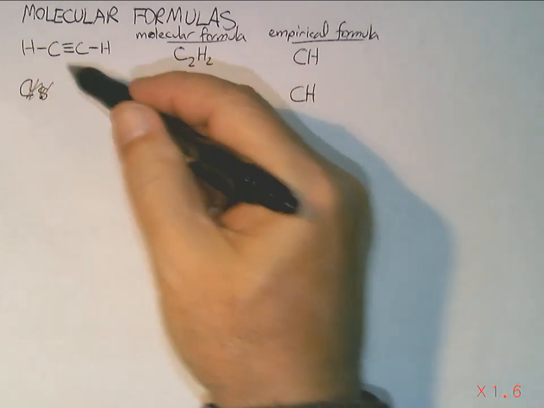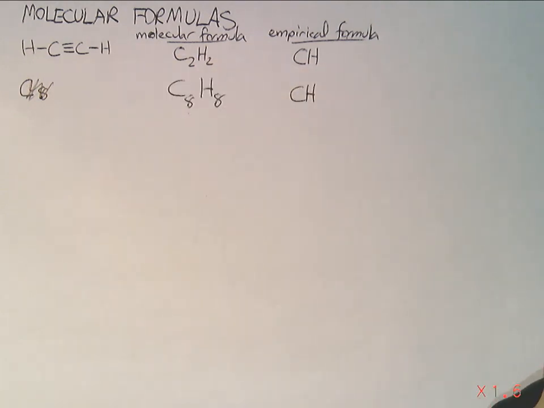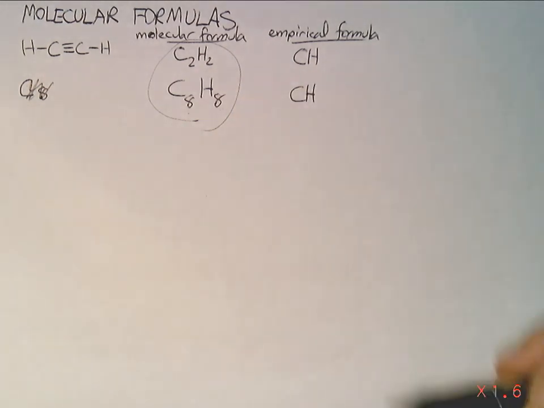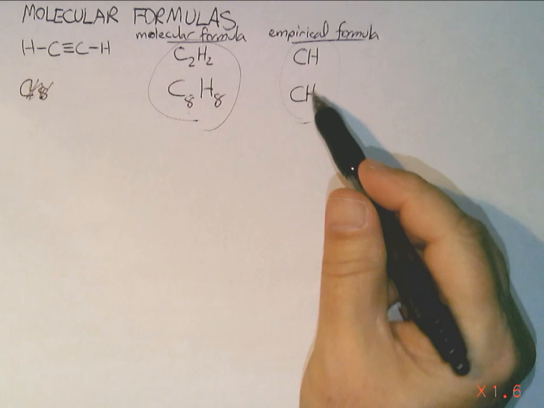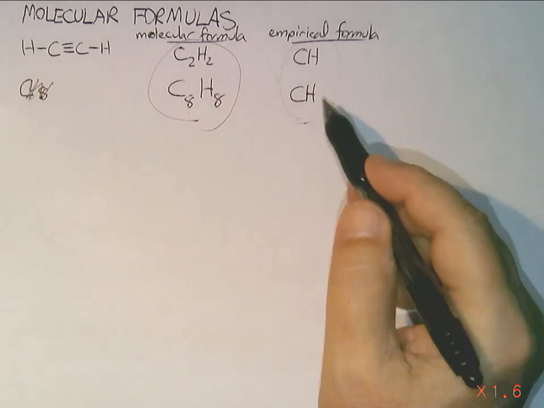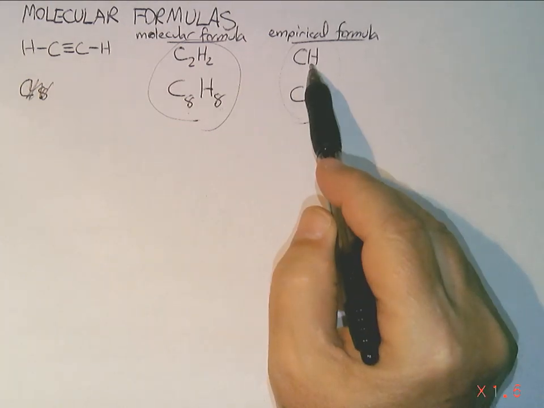So here we have 2 different things that have got the same empirical formula. This is the one that people want. This is the one that you get from the element percents. But there is a way to go from the empirical formula to the molecular formula. What you have to know is that there's a multiplier happening here.